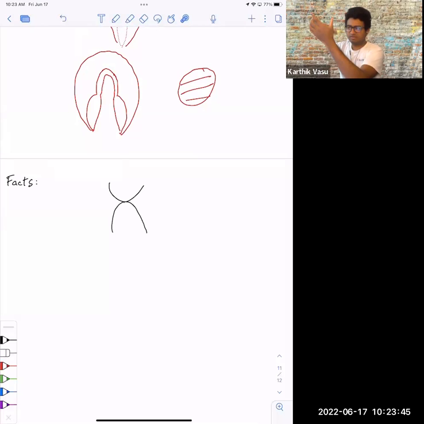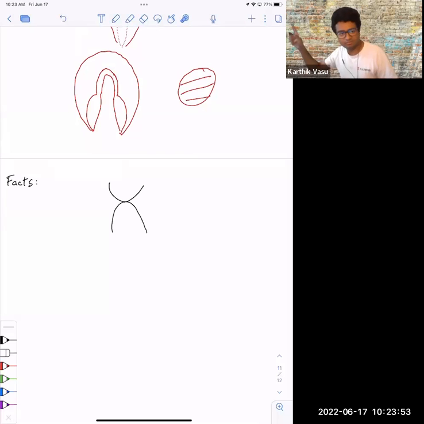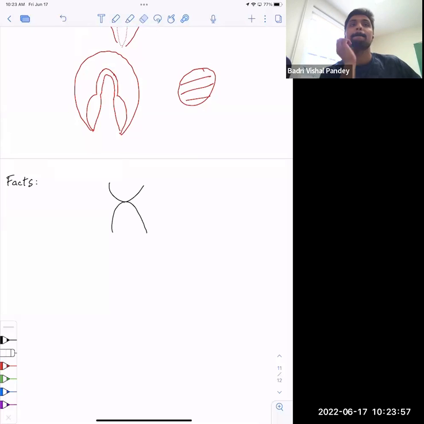So that is how you decide. You will have one direction going up, one direction going down. So that will be one negative, one positive.